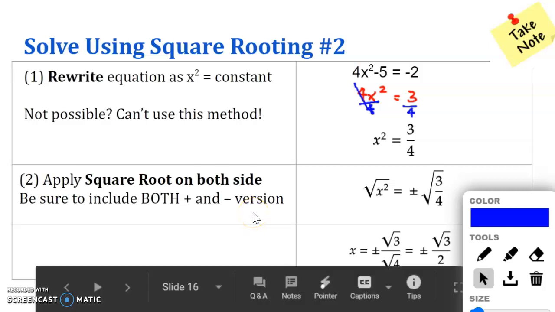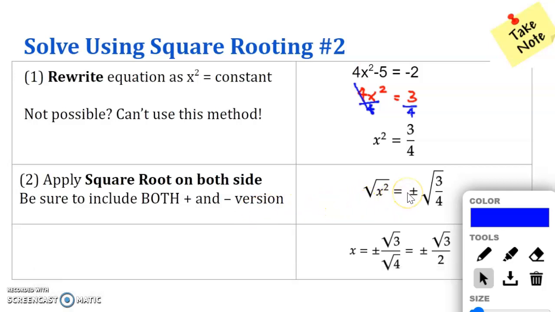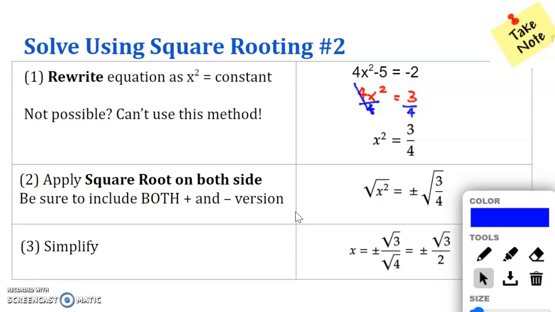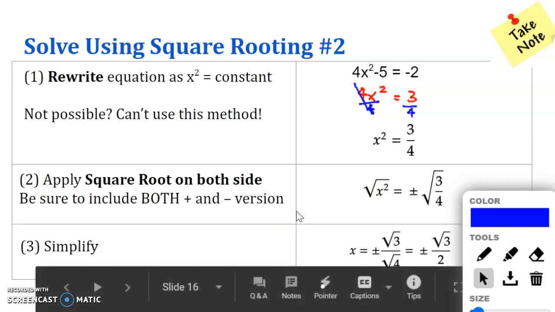Take both plus and minus versions into account by adding the plus and minus onto the side with the number. And then you simplify. So you have x is equal to plus or minus square root of 3 over square root of 4. Square root of 4 is 2, so it's square root of 3 over 2.